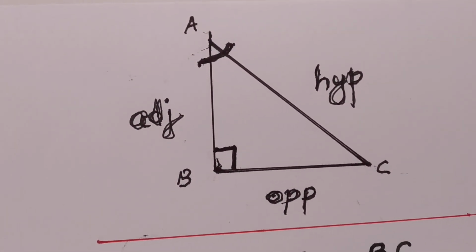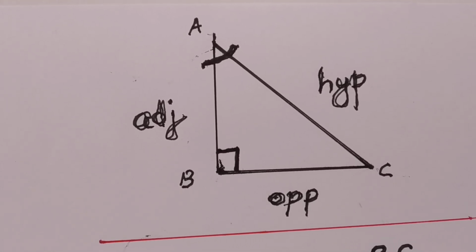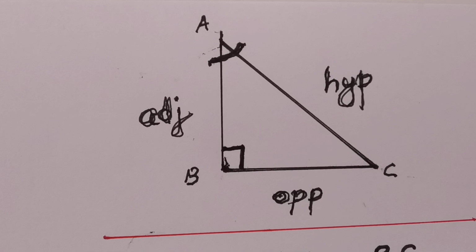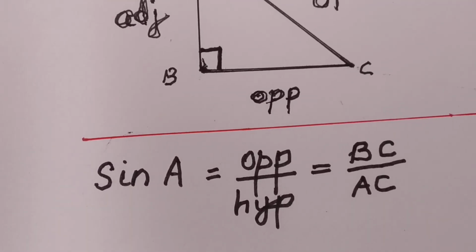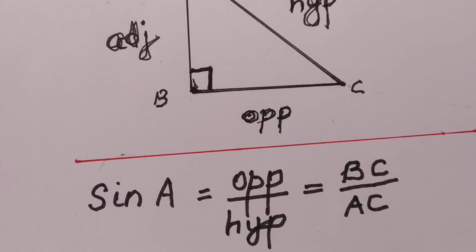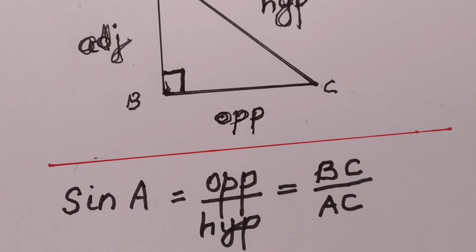Now, what is given in the question? Sin A is equal to 8 by 17. What is sin A? Sin A is opposite by hypotenuse, as we've learned earlier. From the figure, opposite is BC and hypotenuse is AC.